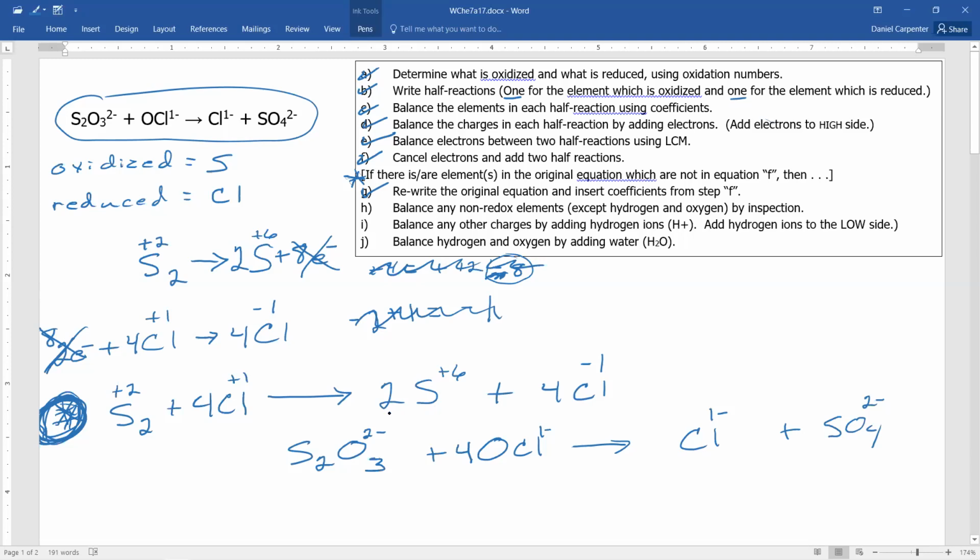The first coefficient here is 2 in front of the S. The S is not the first thing in the original equation. Well, this 2 goes with the S, so in the equation I have to write it wherever the S came from, which is right there. And the 4 goes with the Cl, so I have to keep it with the Cl. Now, you good with that? Any questions?